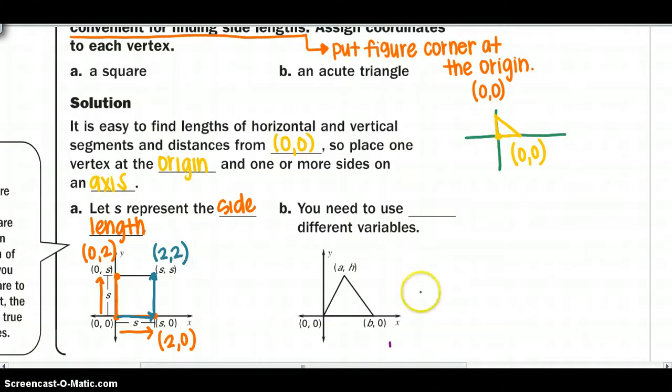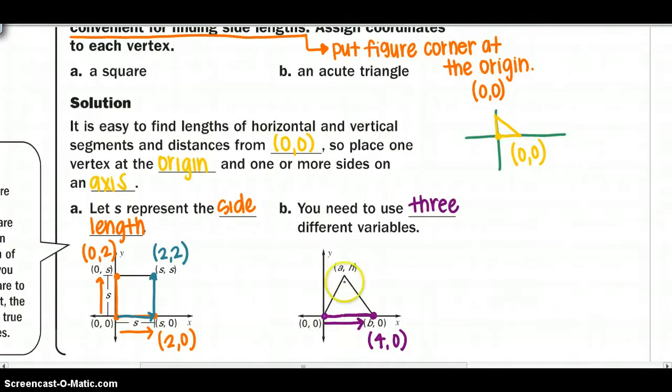All right, and for an acute triangle, we will need 3 different variables because of 3 different amounts of lengths that we go. So again, placing it at the origin and one side on the x axis. We're going to move B units to get B, 0, or normally we would possibly think of it as 4, 0, whatever amount of units you want to use.